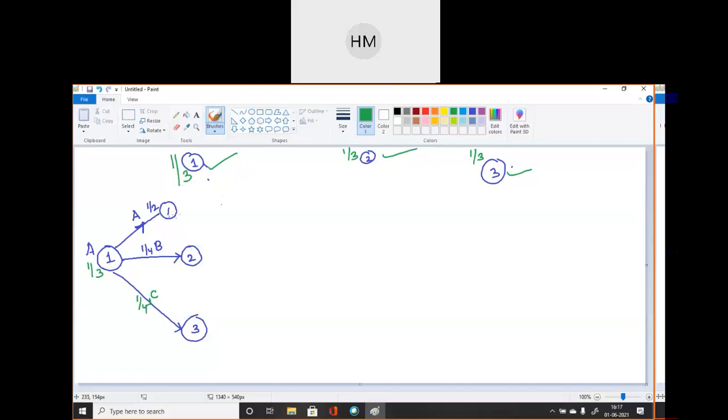If I am at node 1, how many symbols can be generated from node 1? Again 3 symbols can be generated in the next step. It can go to states 1, 2 and 3. Then again from state 2, from node 2, how do we get 1 by 4?